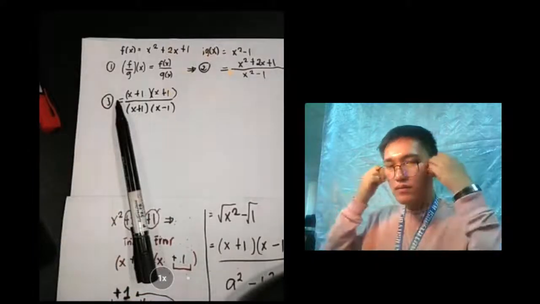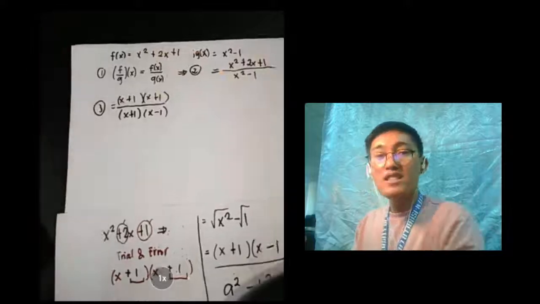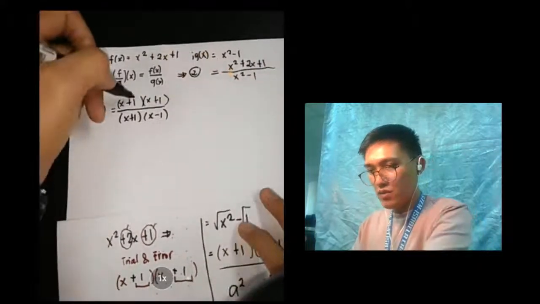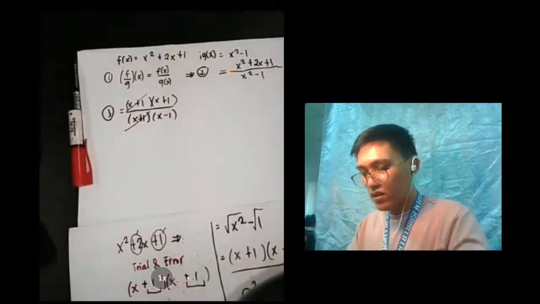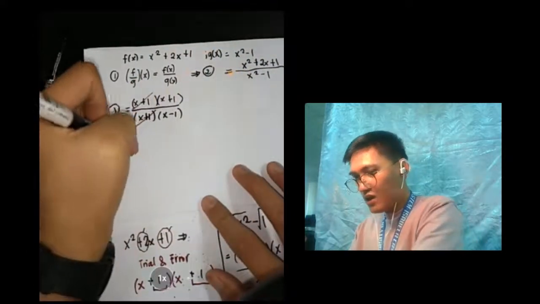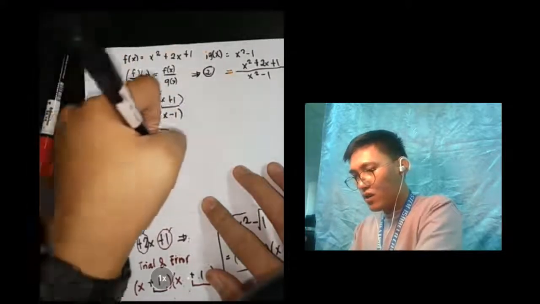Okay, then after that, do the canceling. If we have the same terms, we cancel them. So only the remaining one. The quotient now is x plus 1 over x minus 1. This is now our final answer.